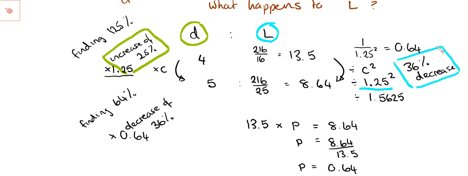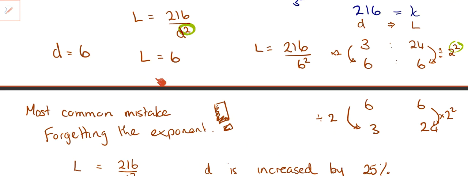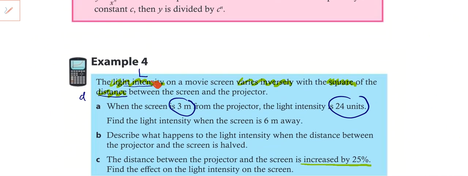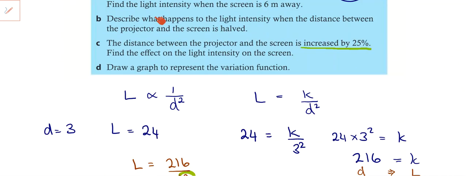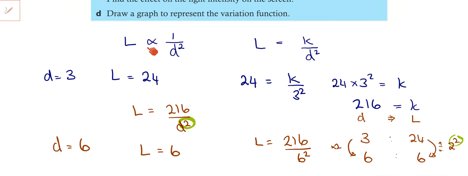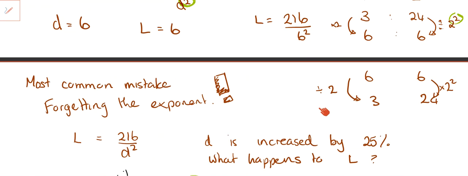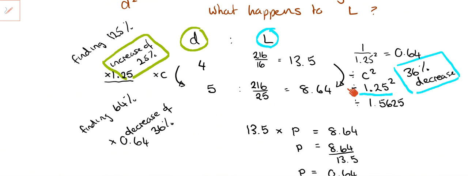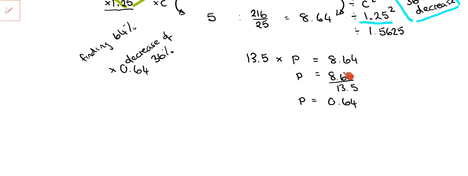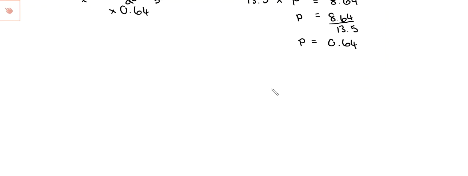But do you remember when we first did inverse, the line of it is actually that, L is directly proportional to 1 over d squared. So instead of doing multiply, divide, we could do it as multiply and 1 over.